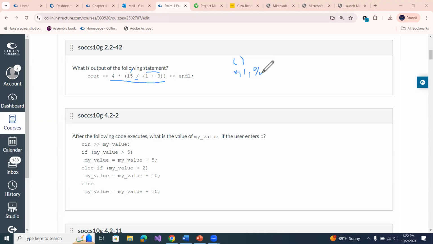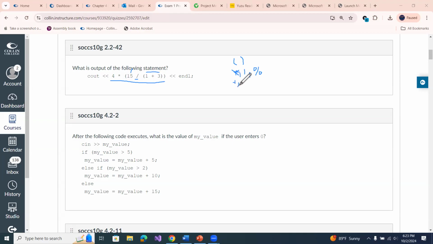Those have the same priority, so whichever comes first is what you do first. So here multiplication comes first. Like if the parentheses were not here, we would do multiplication, then division. But the parentheses are here, so we have to do what's inside first.